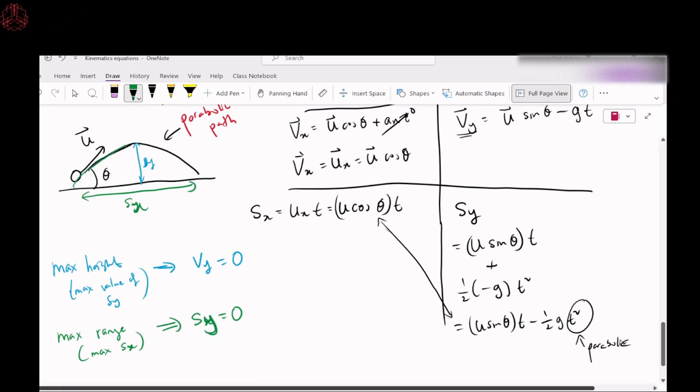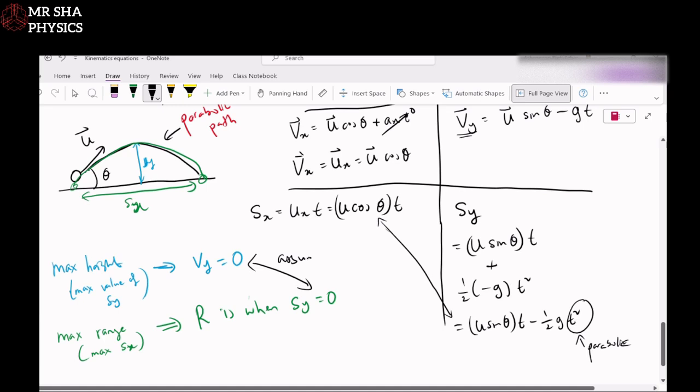You see, it goes up and it comes back down to its initial height. So you can determine the range when sy equals 0. From there you can work out the range equation, and for max height you can assume that vy is 0. These are your general assumptions for each of the situations that you are looking for.